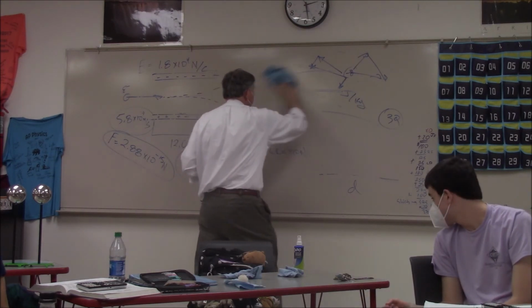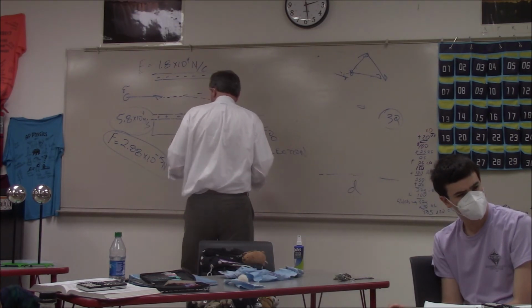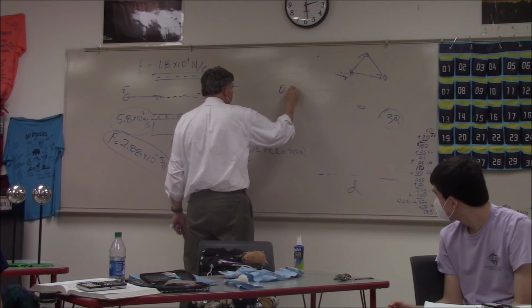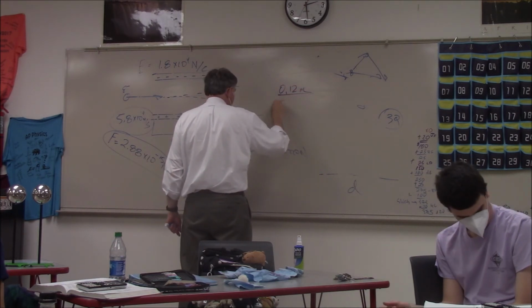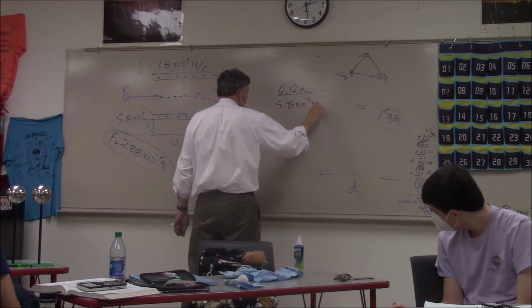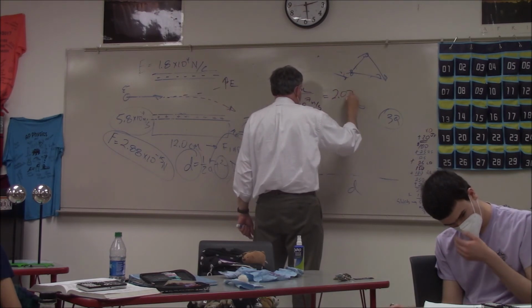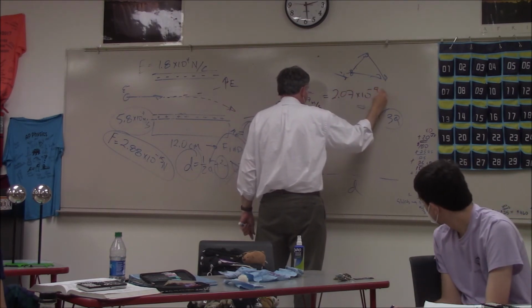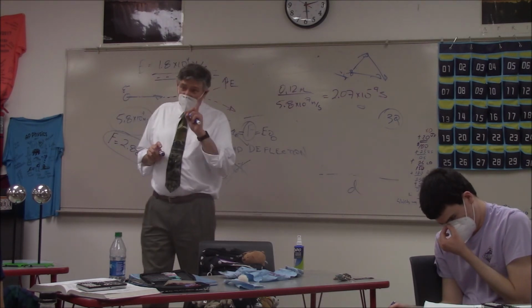Okay? So you took the distance of 0.12 meters and divided that by 5.8 times 10 to the 7th meters per second, and you got 2.07 times 10 to the negative 9 seconds. Not very long, right? Now, here's what you're going to do wrong. Mark my words.